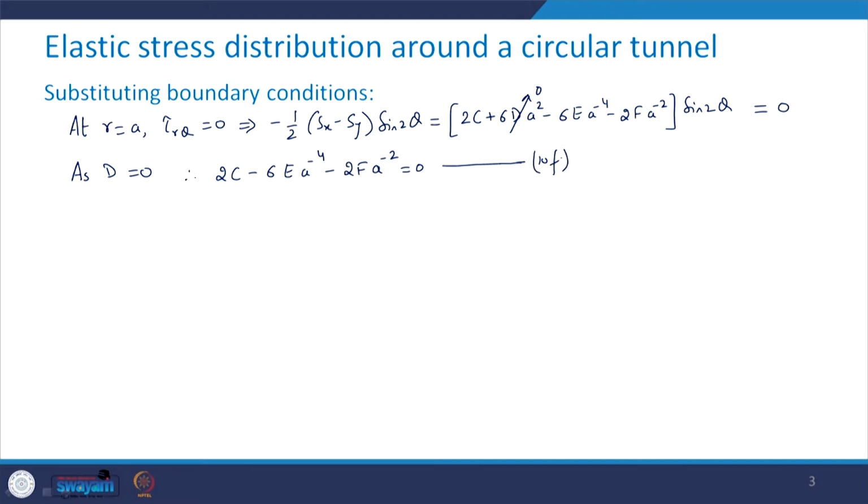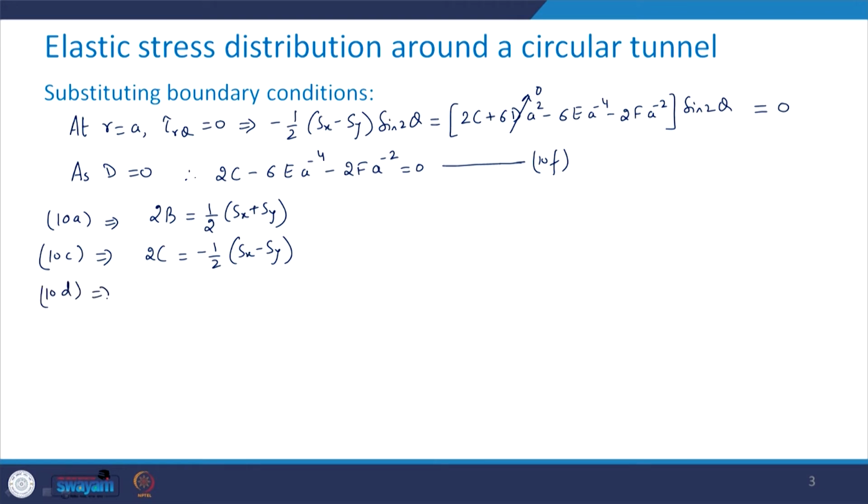Now, let us see from the previous class. I will rewrite these equations for your ready reference. So, we had equation 10a as 2b equal to half Sx plus Sy. Then we have equation 10c as 2c equal to minus half Sx minus Sy, and from equation 10d we can write that A upon a square plus 2b is equal to 0.